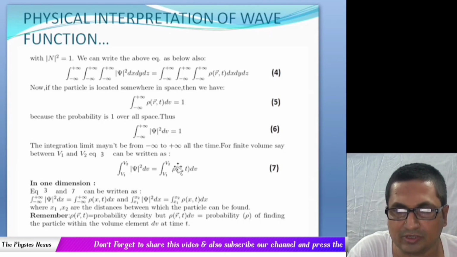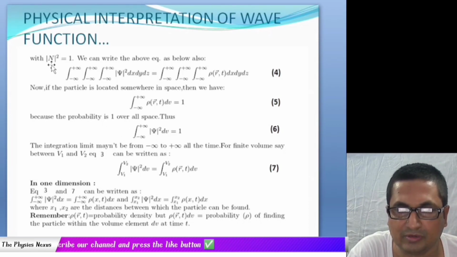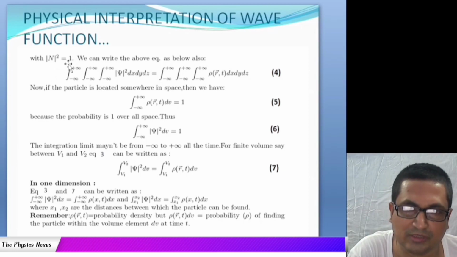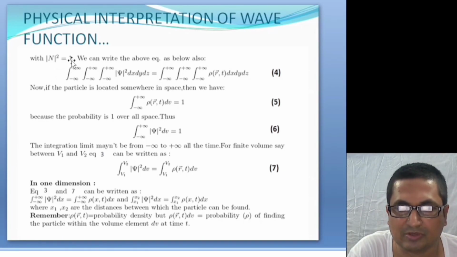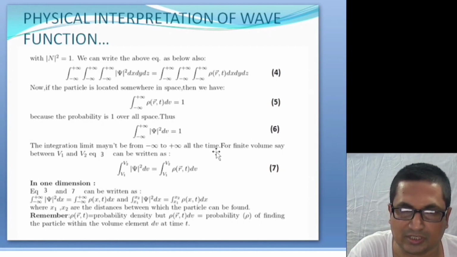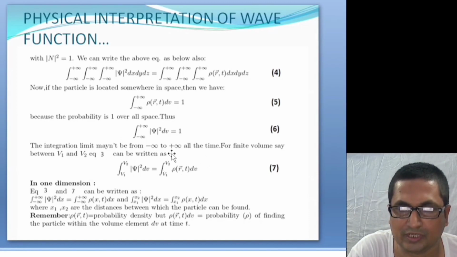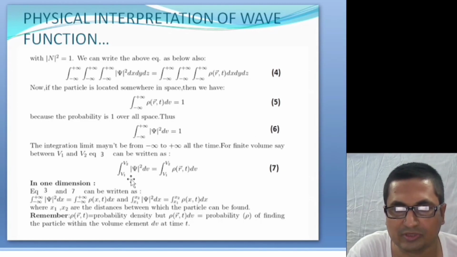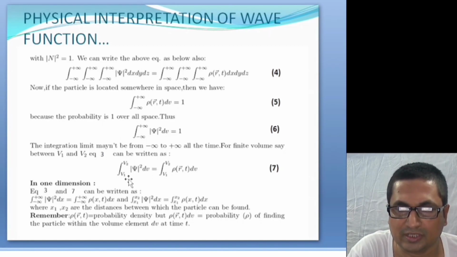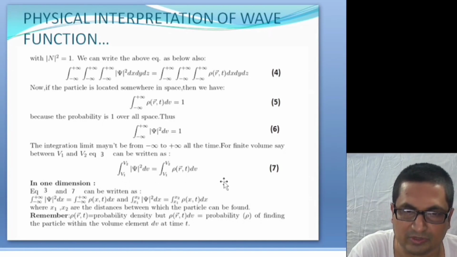One thing we must remember is that here we have put the normalization constant squared equal to 1, which however sometimes may not be equal to 1. In that case we have to find it from condition number 6. One more modification we can bring in equation 6 is that instead of minus infinity to plus infinity, we can put some finite volume limits v1 and v2, and in that case the infinity goes away and is replaced by v1 and v2.